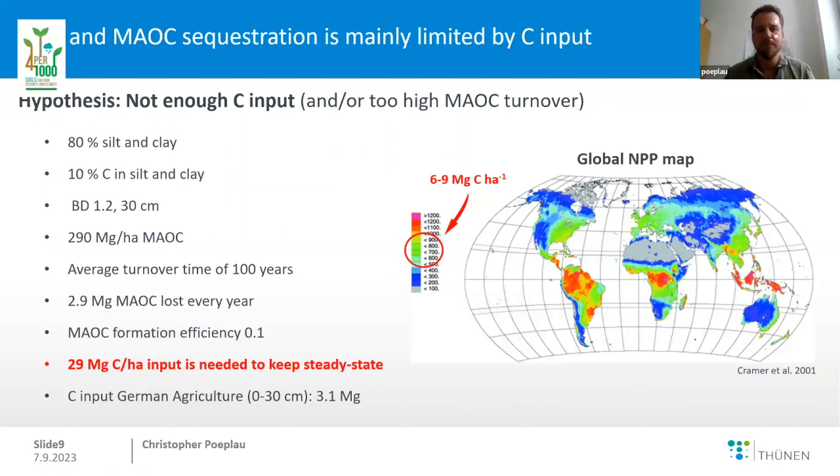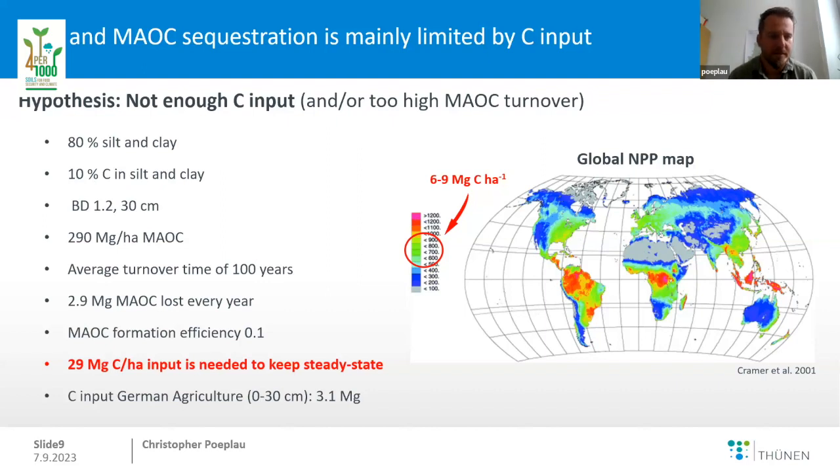I mean, just a rough back of the envelope calculation. Let's say we have a soil with 80% silt and clay. We want to be as high as 10% carbon in the silt and clay, so 10% carbon loading, which we see in the sandy soils. A bulk density of 1.2, 30 centimeters, that would mean 290 megagram per hectare of mineral-associated organic carbon.